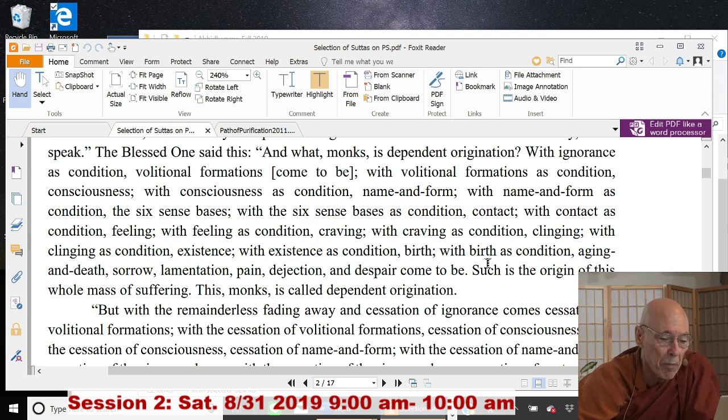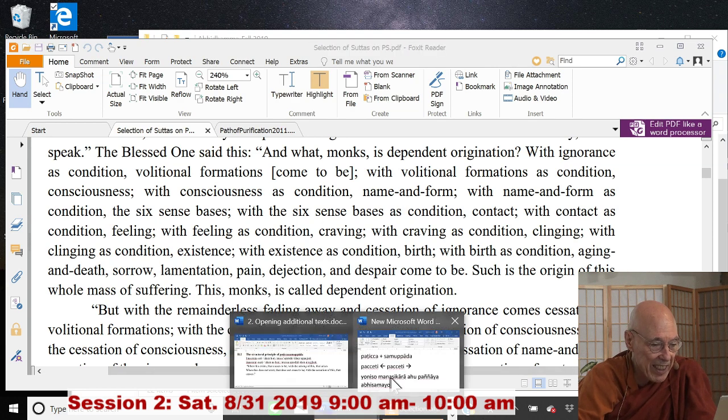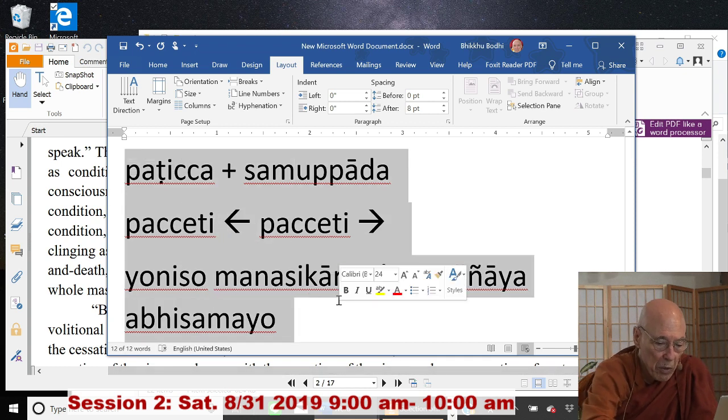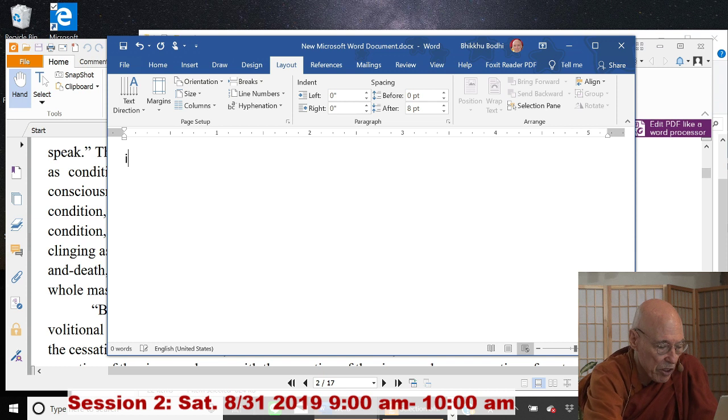But in the normal case, birth is followed by old age and death. And then in the course of life, one meets sorrow, lamentation, pain, dejection, and despair. And so if we look at this, we could actually see that there are two chains which are running parallel to each other.